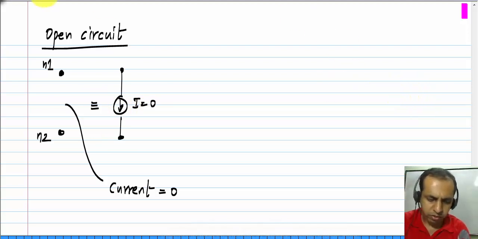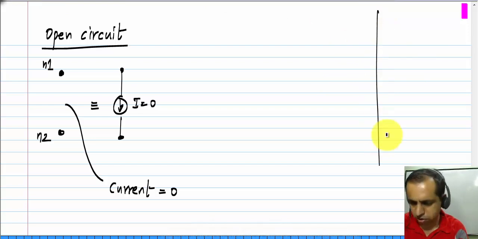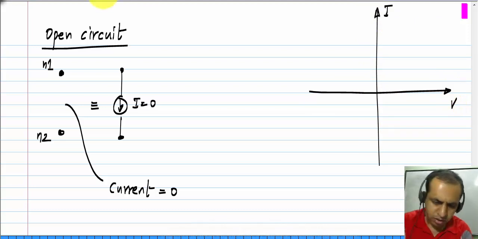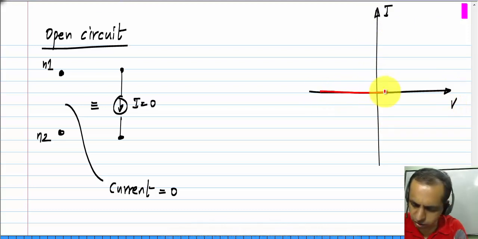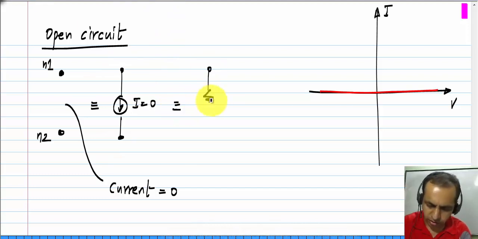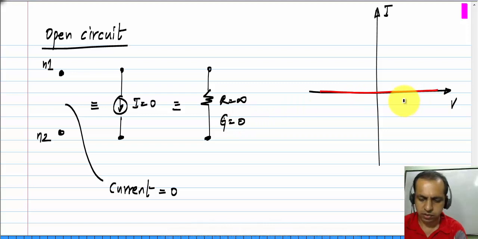Because if current is 0 and I draw the IV characteristic of it, I'll have a horizontal line passing through the origin that corresponds to I equals 0. So that is a 0 valued current source, which is also equivalent to an infinite valued resistance or 0 valued conductance.